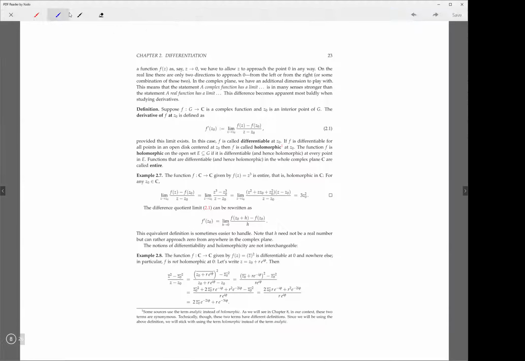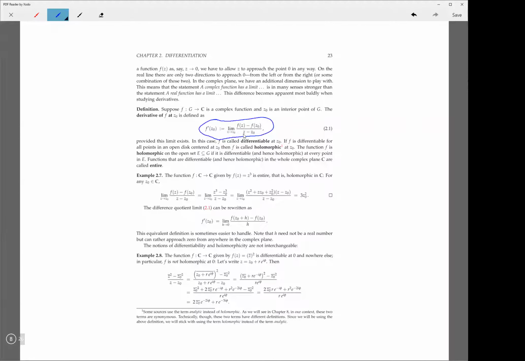Derivative. Does this formula here look familiar? Yes, it looks familiar to everybody, right? It looks just the same as the derivative with real numbers, except the x has been replaced with a z, and x0 has been replaced with a z0.